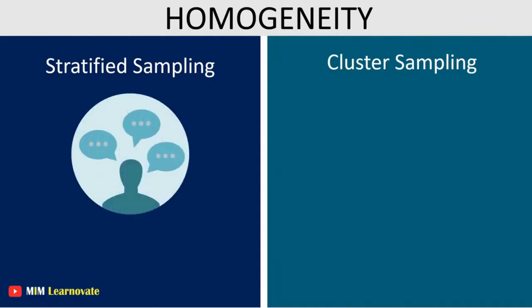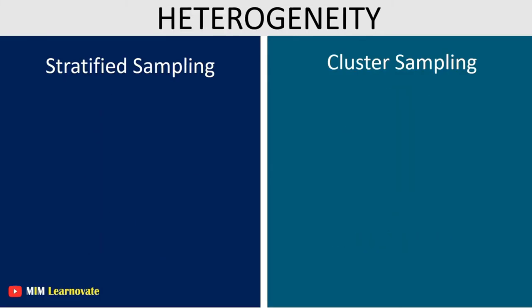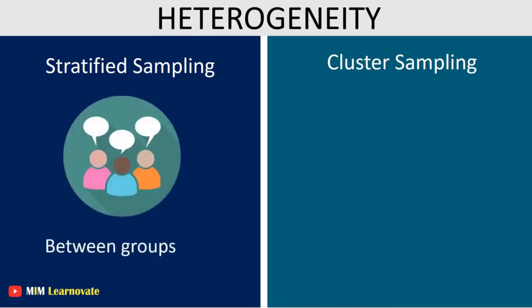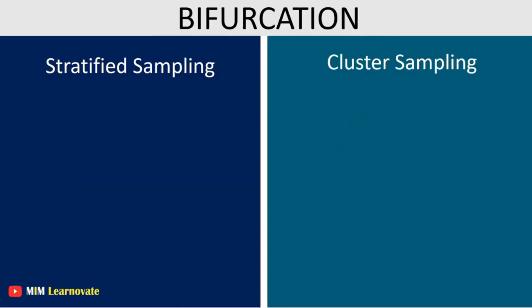In stratified sampling, there is homogeneity within the group, whereas in the case of cluster sampling, the homogeneity is found between groups. Heterogeneity. In stratified sampling, heterogeneity occurs between groups, while in cluster sampling, heterogeneity occurs within groups.